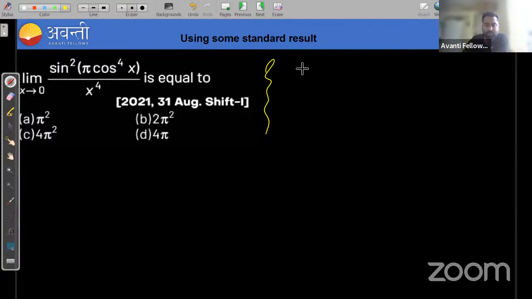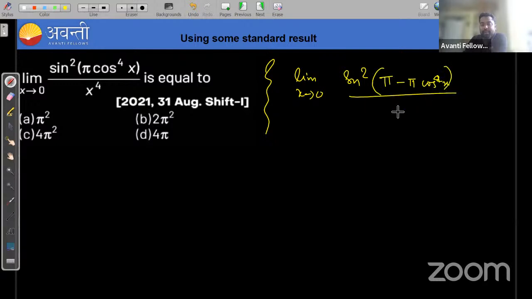Okay, so let's solve. Limit x tending to 0, sine square of pi of cos to the power 4x. Okay. So can I write this as sine square of pi minus pi cos square x, cos 4x divided by x to the power 4? Can I write or not?